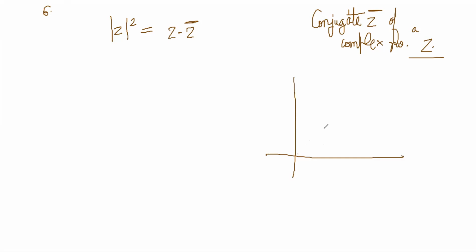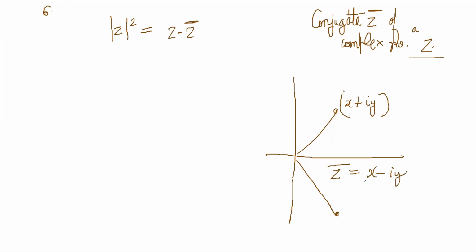Conjugate is basically, if z was x plus iy, it's the mirror image in the x-axis. So this point z conjugate will be equal to x minus iy. The complex number is reflected through the x-axis and the final position is called the conjugate.